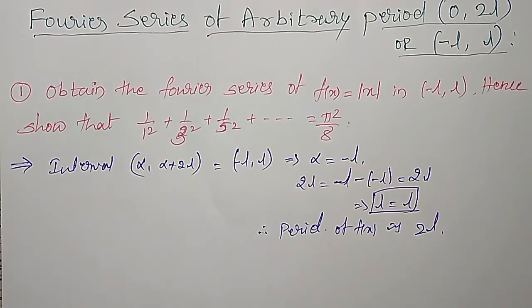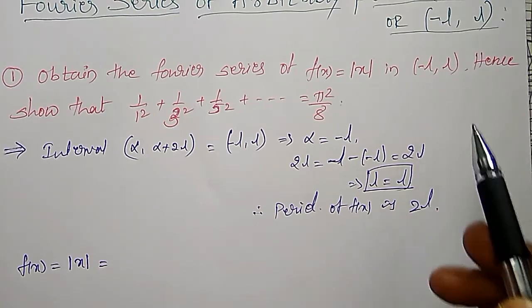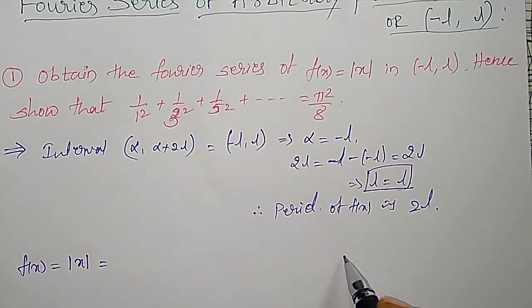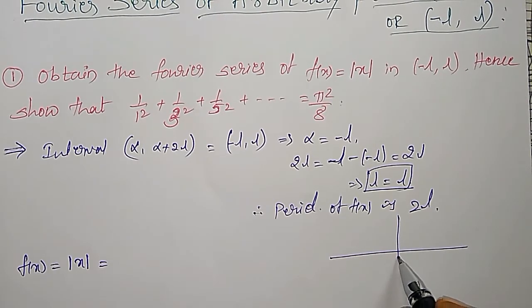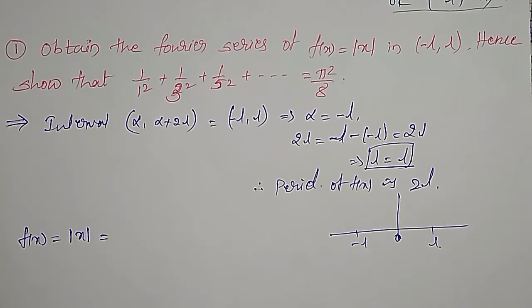Now Fourier series is given by, but before that let me define f of x first. f of x is equal to modulus of x. Here x is taking values from minus L to plus L. Say this is 0, here minus L and here plus L. From minus L to 0 they are taking negative values, 0 to L they are taking positive values.